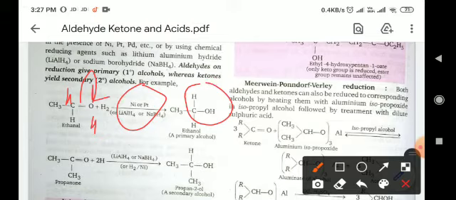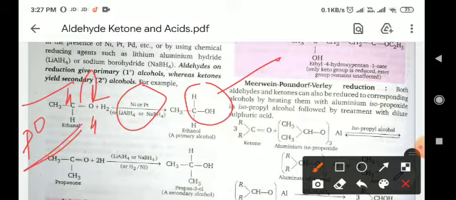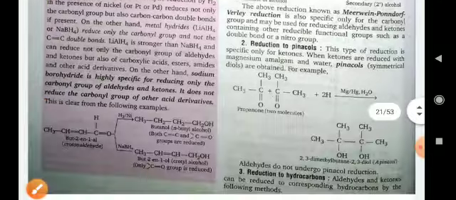So this aldehyde group will convert into this alcohol group. If you take ethanal, meaning an aldehyde, then it gives primary alcohol. And if you take a ketone, then on reduction the same mechanism will happen. The bond will break, one hydrogen will go to oxygen and one hydrogen to carbon and form this compound, and this is known as the secondary alcohol. So it is the reduction.